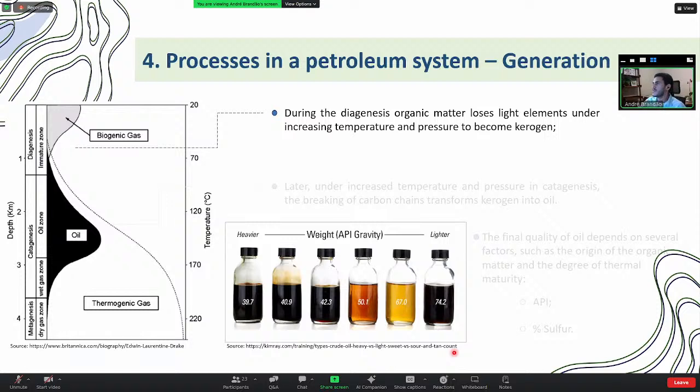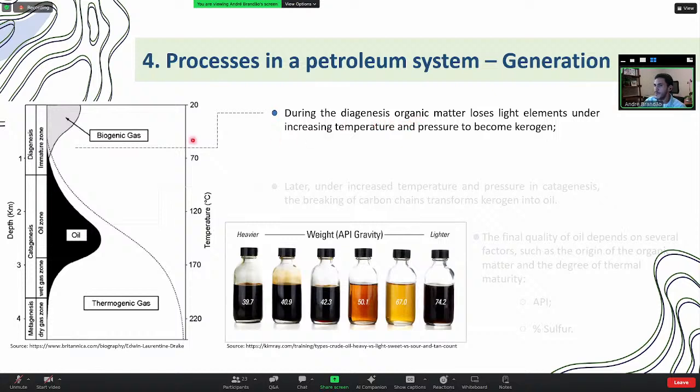So let's move on to the processes in a petroleum system. We talked a bit about the elements, but there are some processes that need to occur so we can transform organic matter into oil and accumulate it in what we call traps. Basically, the organic matter transformation occurs as soon as it is deposited on the ocean floor, when it starts the diagenesis.